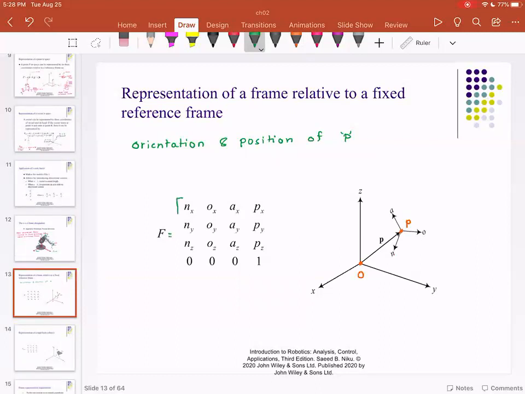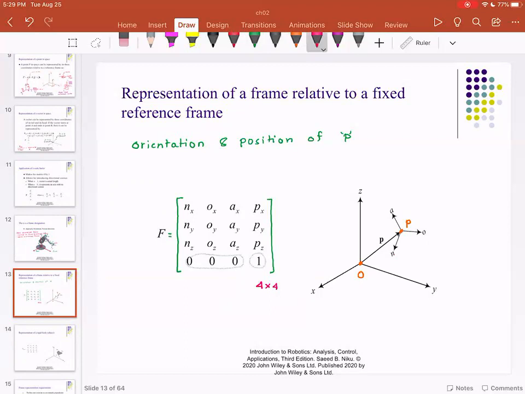And at this point, I want you to think about this matrix as something like this. This matrix is a 4 by 4 matrix. In this 4 by 4 matrix, the last row will always have zeros and ones.